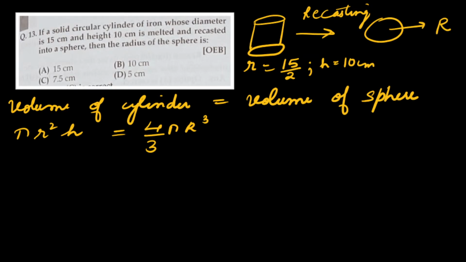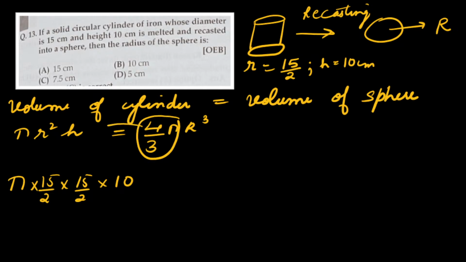To differentiate both of these, let's substitute and do shifting. Pi as it is, r's value here is 15 by 2. So I can write 15 by 2 into 15 by 2, so r square we have to do. Height here is 10. Now let's shift these things to this side.